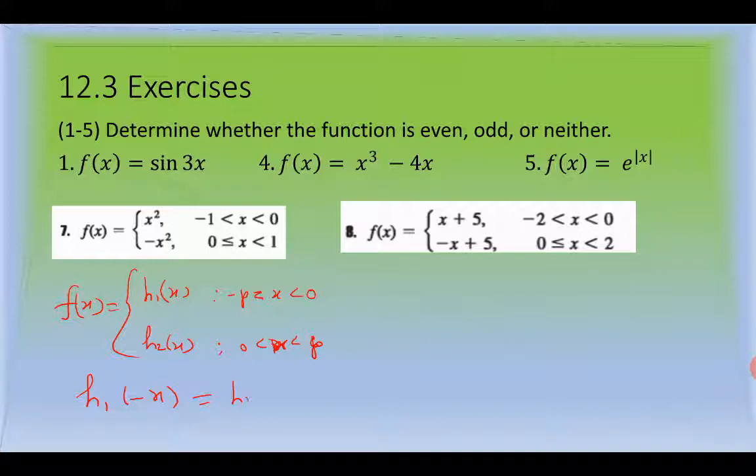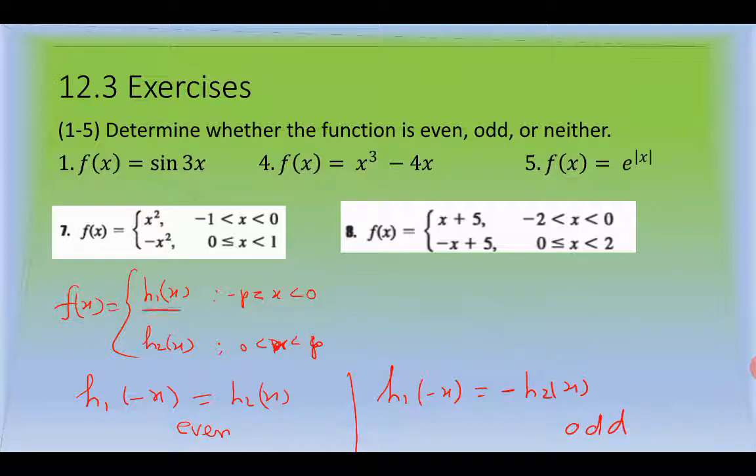If it is h2 of x, we call it an even function. If you take the first function h1 of negative x and end up with negative h2 of x, the second part, you call it an odd function.